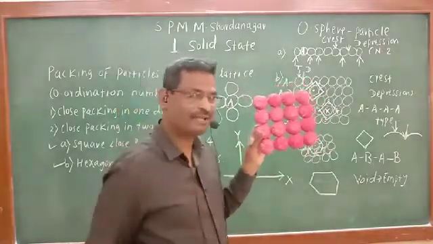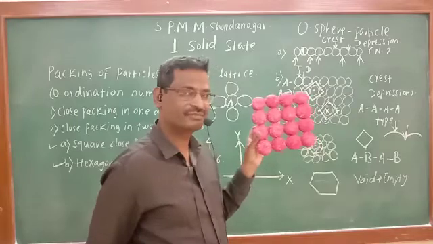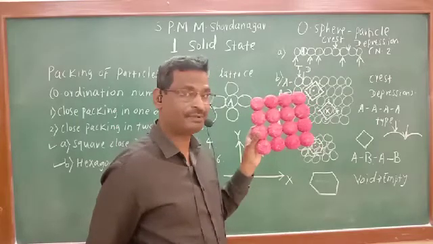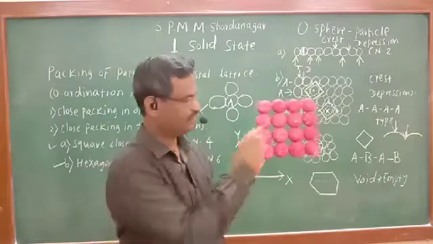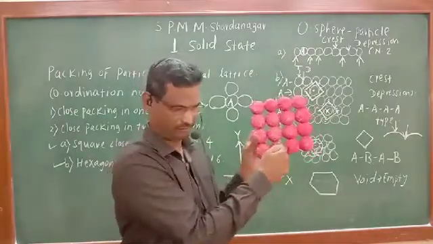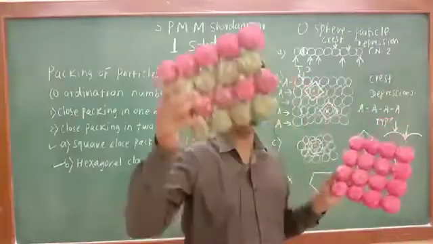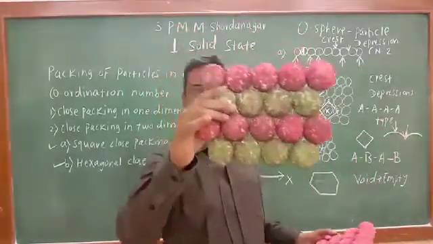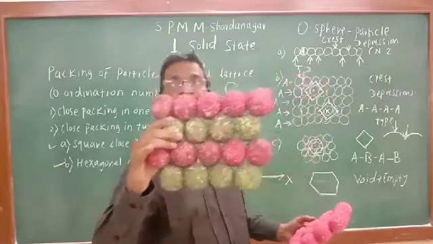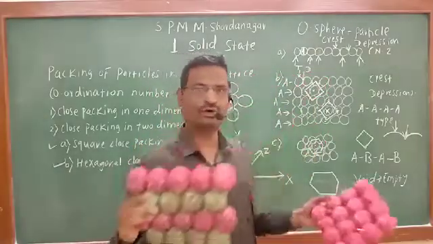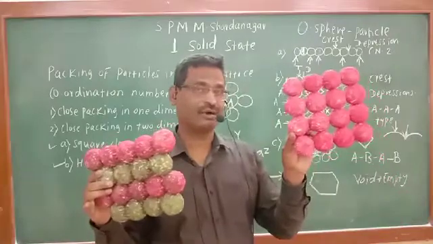What is the shape of the empty space? It is square. And what is the shape of the empty space here? Is it square or triangular? This is triangular.